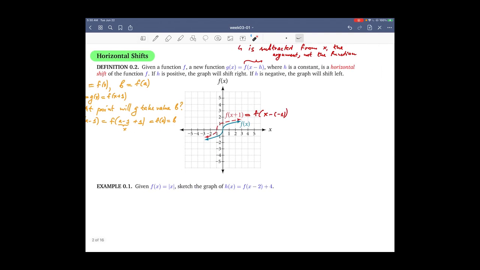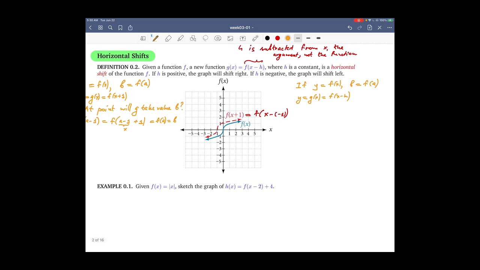In general, if we have the graph of f, and f takes value b at point a, and we have the graph of g, which is f at x minus h, we can ask the same question. At what point will g take value b?